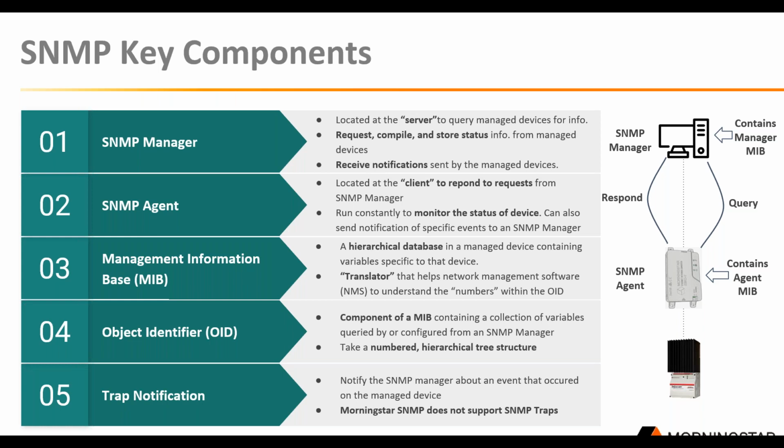And then also trap notifications are another component that is often talked about. That would allow the agent to proactively send out alerts to the system manager, the SNMP manager, the NMS, based on various alarm or fault conditions that it perceives.